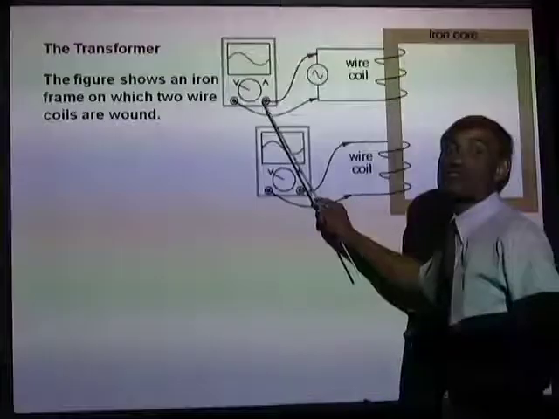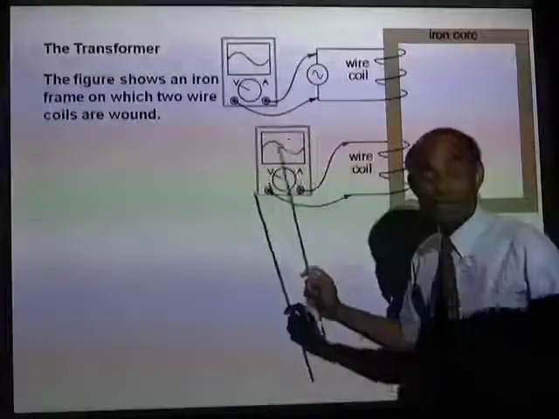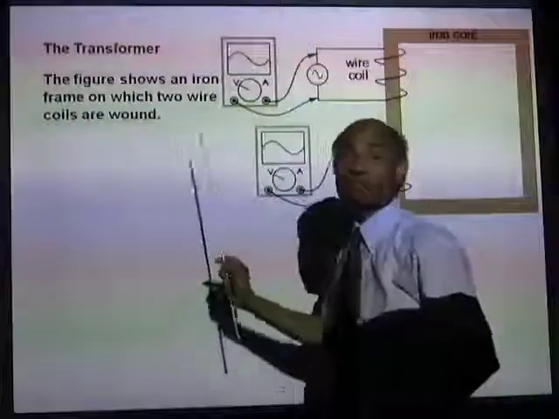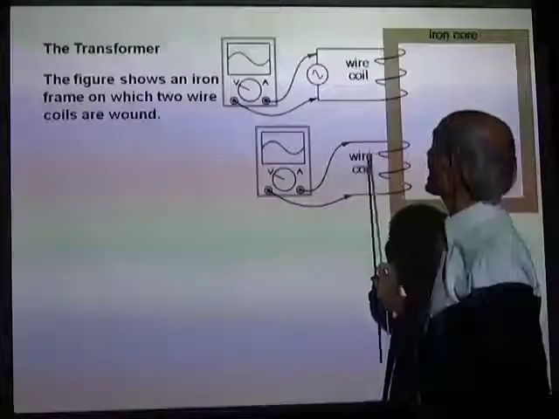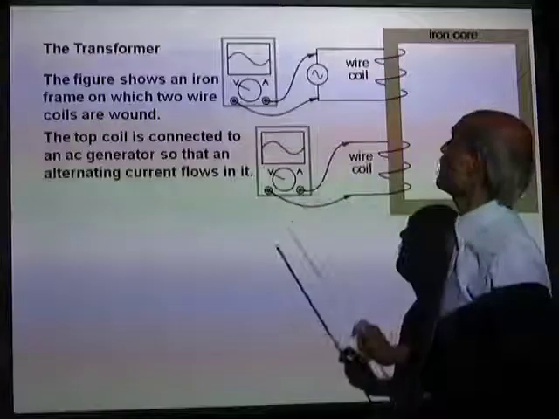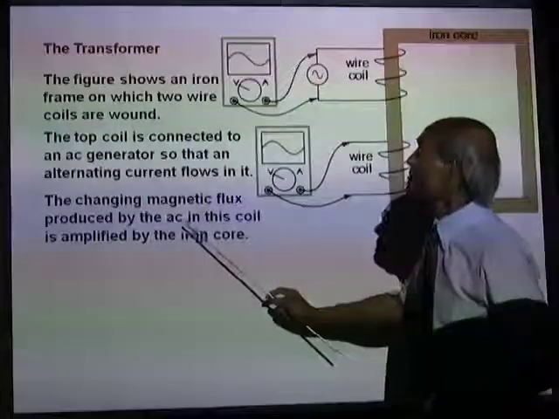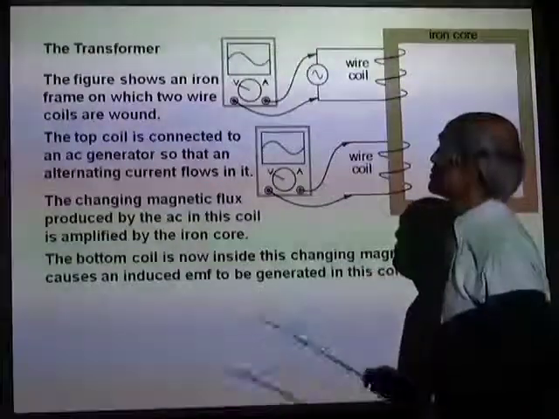When the AC is turned on in the first coil and AC is generated in the second coil, the changing magnetic flux produced by the AC in the first coil will induce an EMF in the second coil. Now, the changing magnetic flux produced by the AC is responsible for that induced EMF.